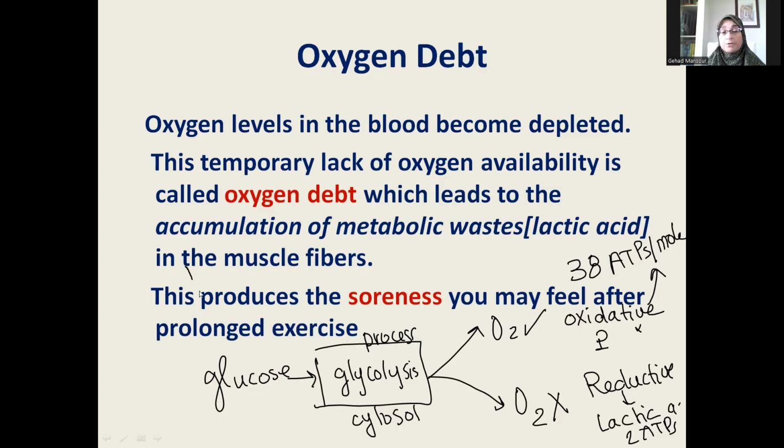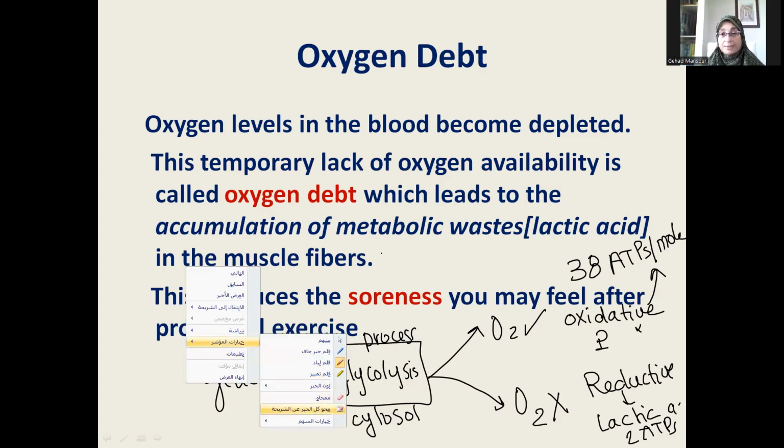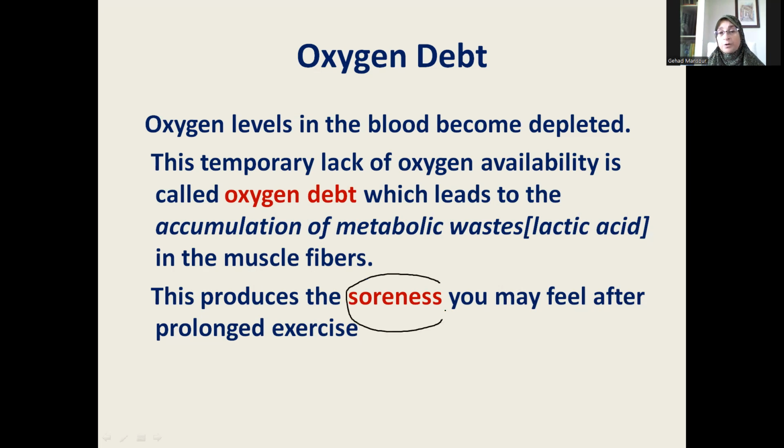So the problem here is that you produce lactic acid, and that lactic acid is responsible for that soreness, that burning pain that you feel in your muscle whenever you exercise for long. More and more accumulation of lactic acid results in more and more soreness, might even result in cramps.